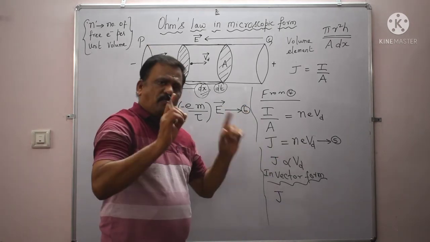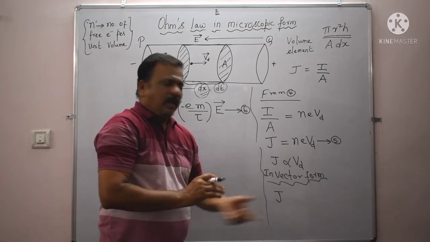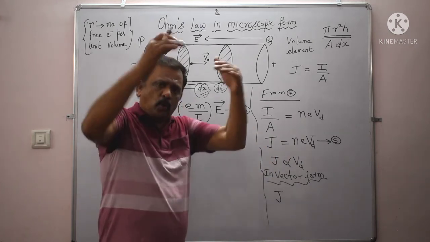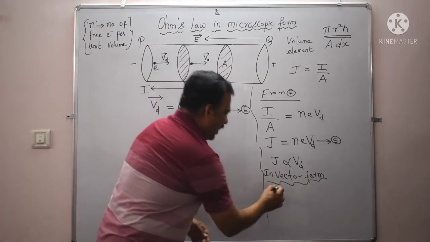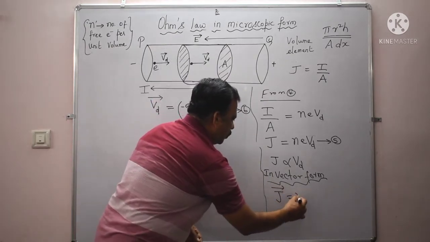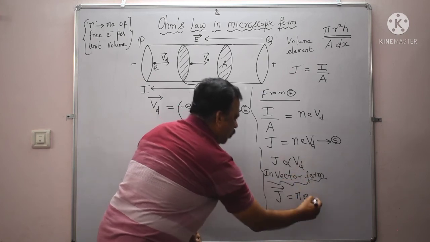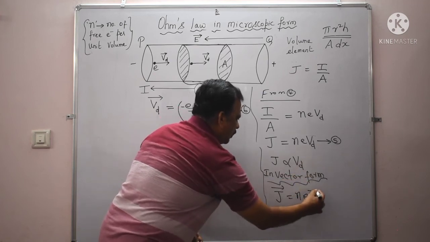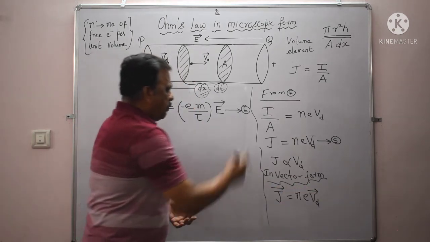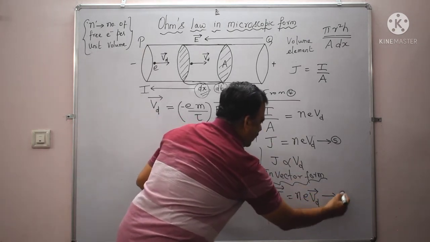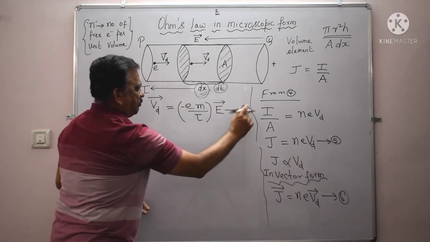An expression without vector symbols is magnitude form. Any expression with vector symbols over the respective vector quantities is called vector form. So J vector is equal to n into e into v sub d vector. n and e are scalars. Drift velocity alone is a vector. So let me take this as number 6 and this as number 7.